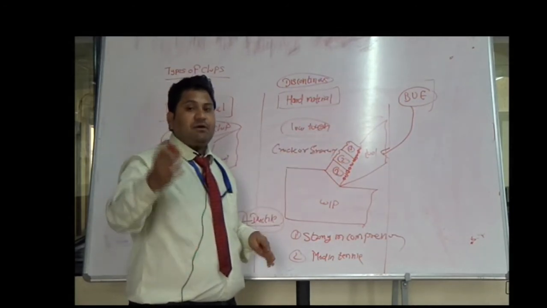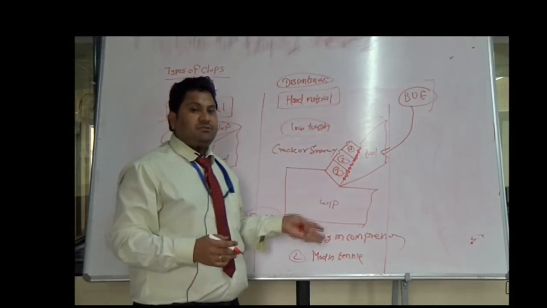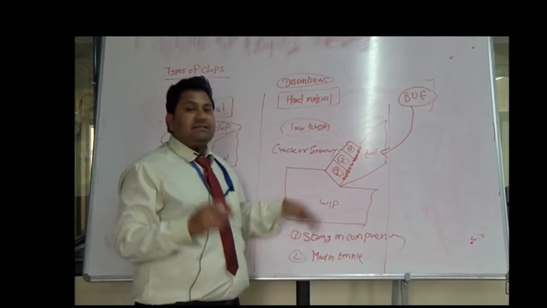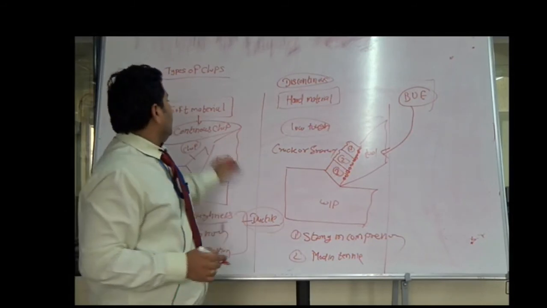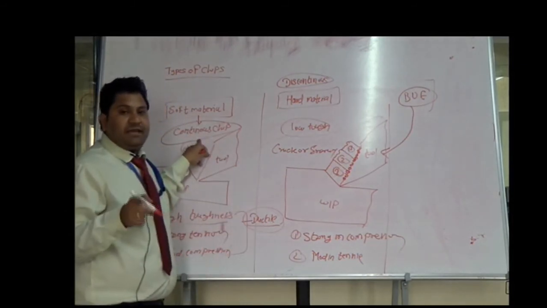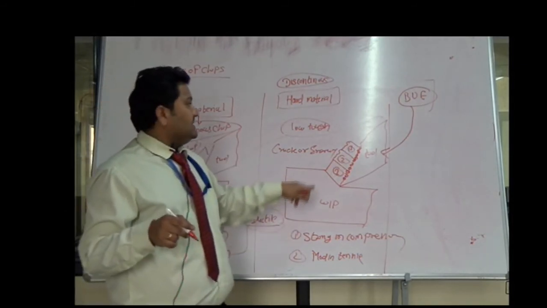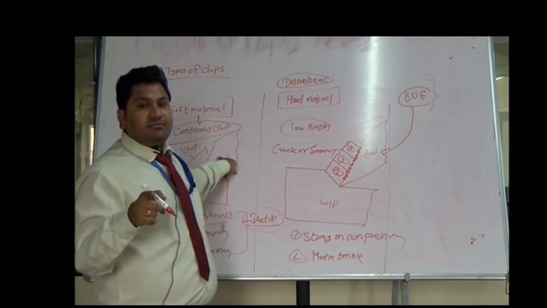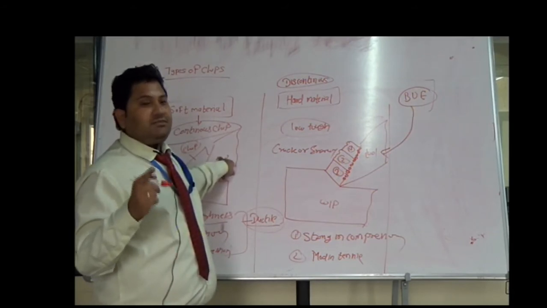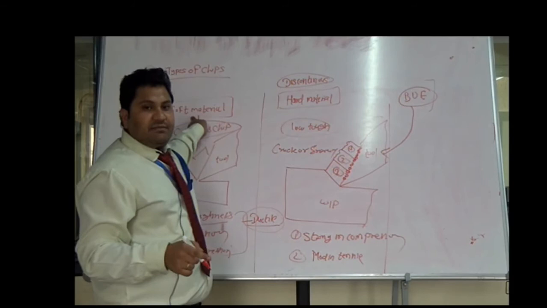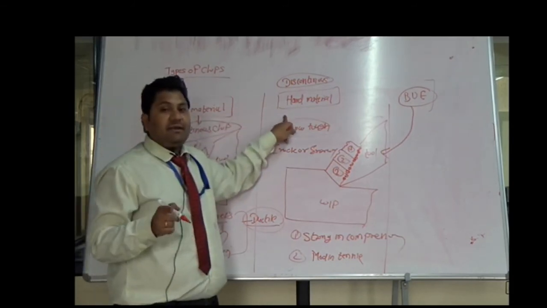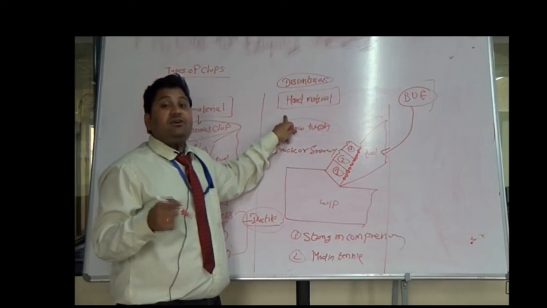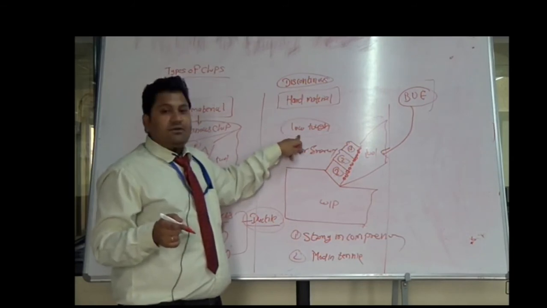So the built up edge forms only with continuous chips, because of the properties of the ductile, soft material, and it does not happen with discontinuous chips because of the property of low toughness.